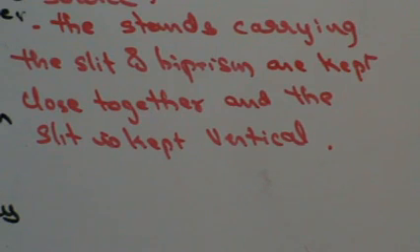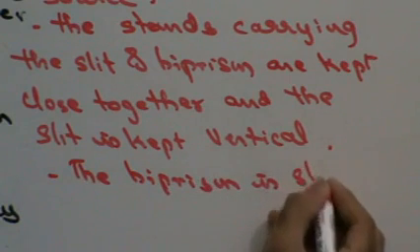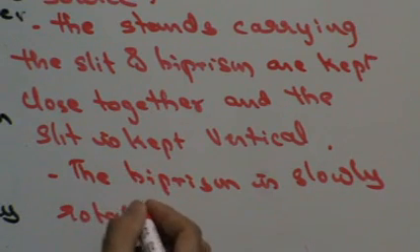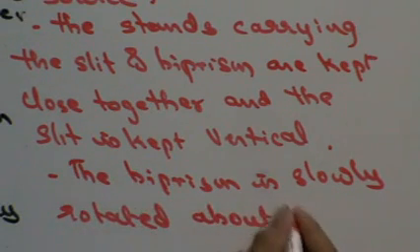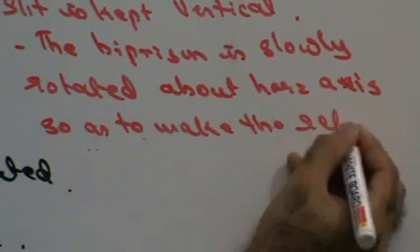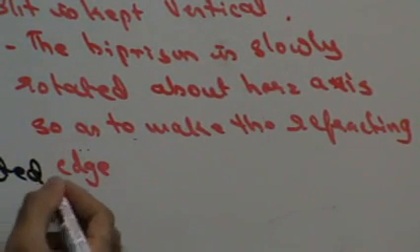Now, the biprism is slowly rotated about the horizontal axis so as to make the refracting edge parallel to the slit.